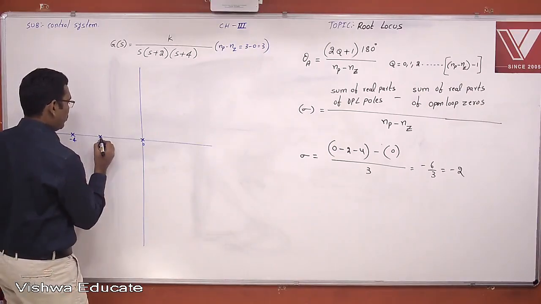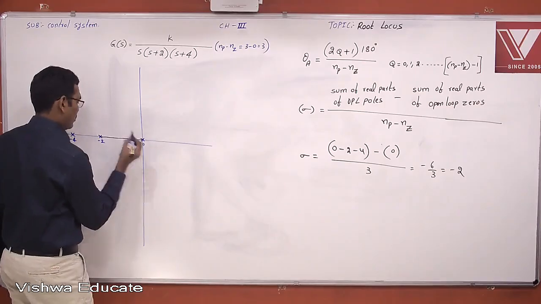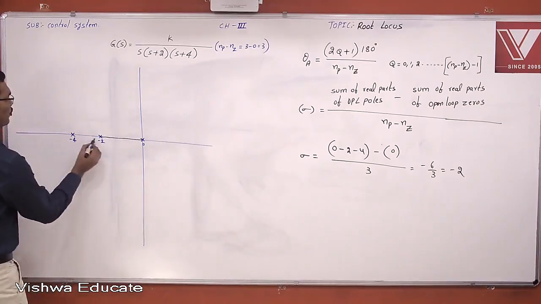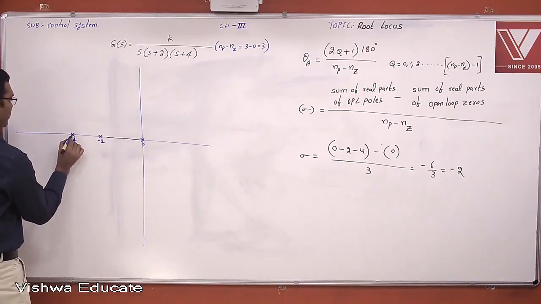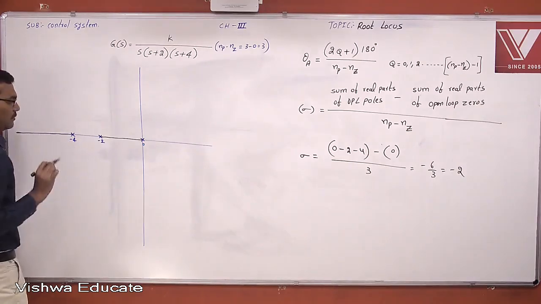This is the root locus branch. Now there is no root locus branch to the left of the next pole because of the even number. This entire real axis is a root locus branch.